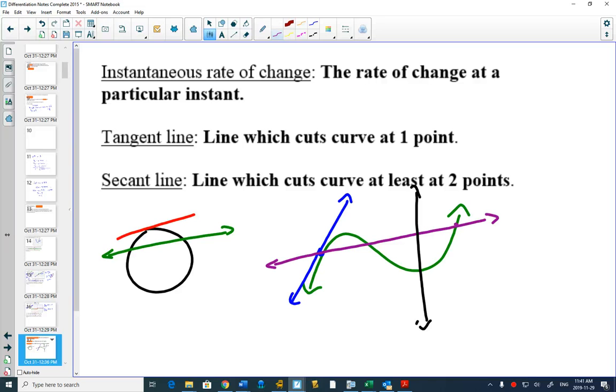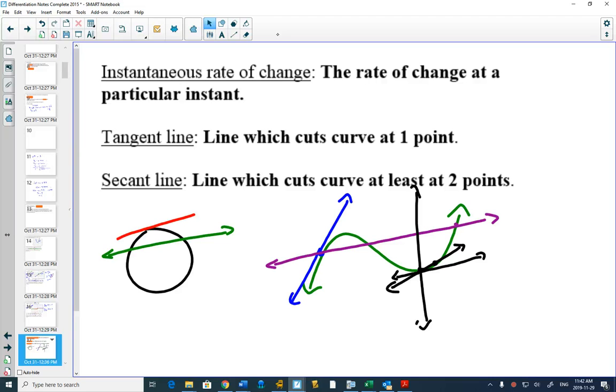Does that make sense? The tangent line at this point would be like this, still touching only at that one point, but that would be a better indicator of what the rate of change is. Because the idea, don't want to get too far into it, but can you see if you took 2 points really close together, that would be the secant line.